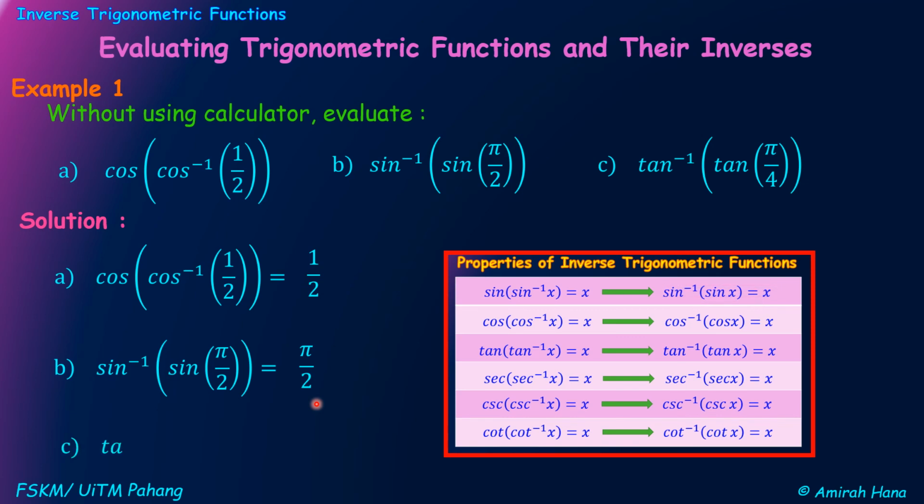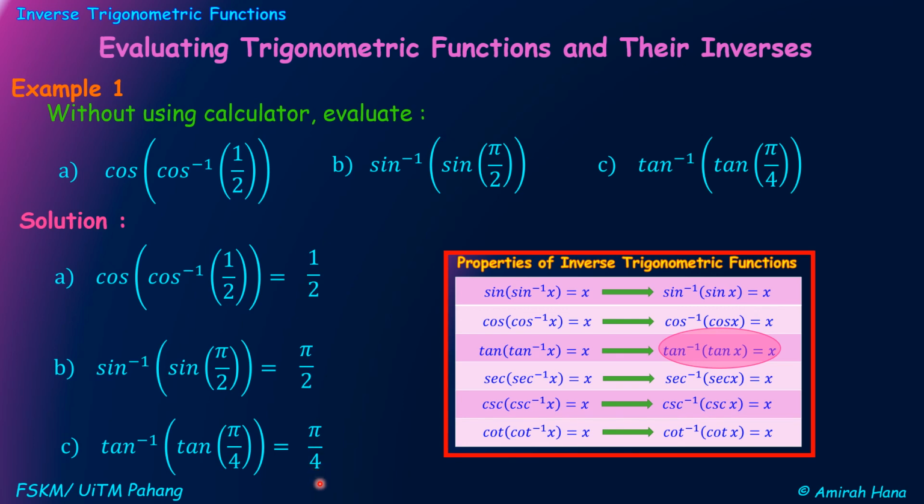And then C. We have inverse tangent composite with ordinary tangent pi over 4. From this formula, when we have inverse tangent composite with tangent x, the answer equals x. So the answer equals pi over 4.